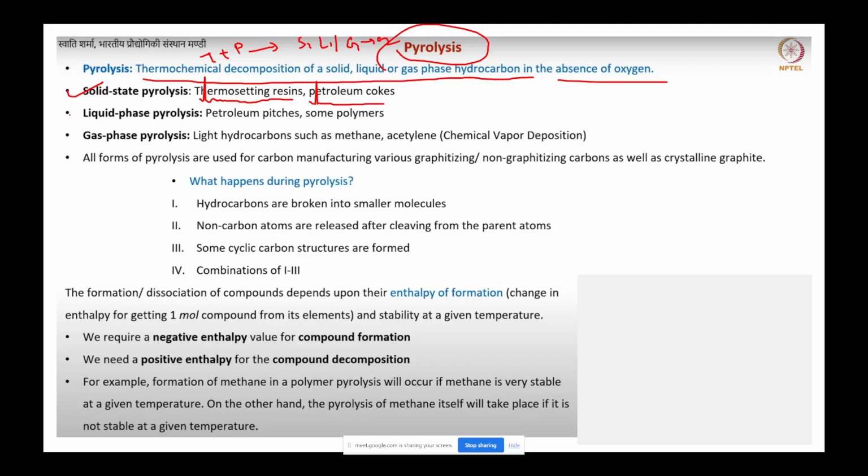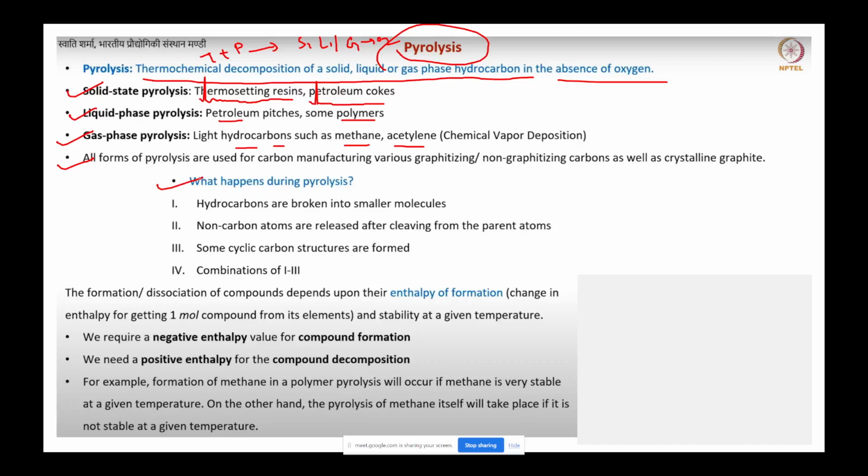In the case of liquid phase pyrolysis, we can use petroleum pitches or any polymers in liquid form. For the gas phase, we can use light hydrocarbons such as methane gas or acetylene. All forms of pyrolysis are used for carbon manufacturing, of various graphitizing or non-graphitizing carbon as well as crystalline graphite.